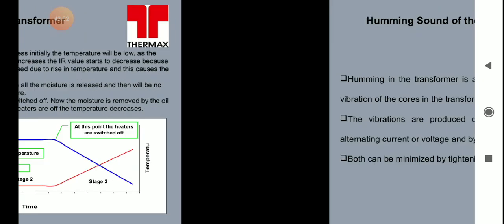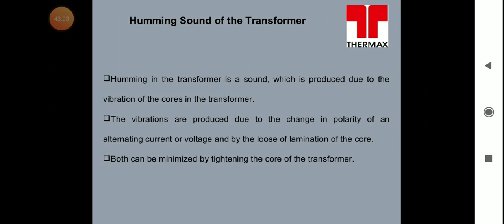Drying of transformer, you can see humming sound of the transformer. Why are we getting this type of humming sound? This is one of the basic problems of the transformer. Humming in the transformer is a sound which is produced due to the vibration of the core in the transformer.